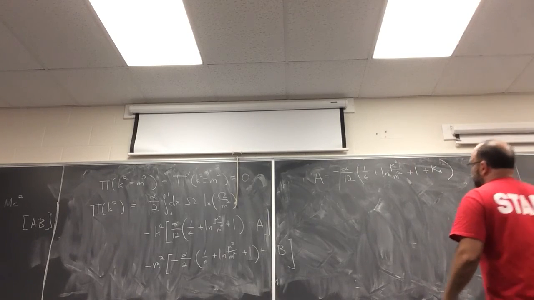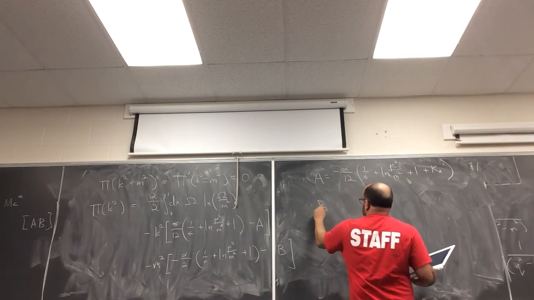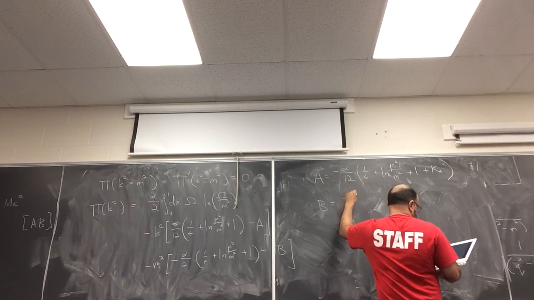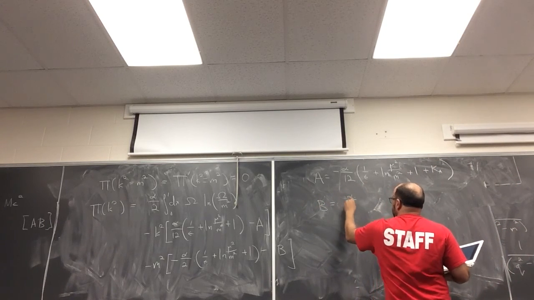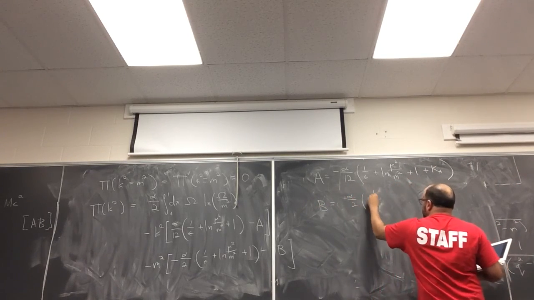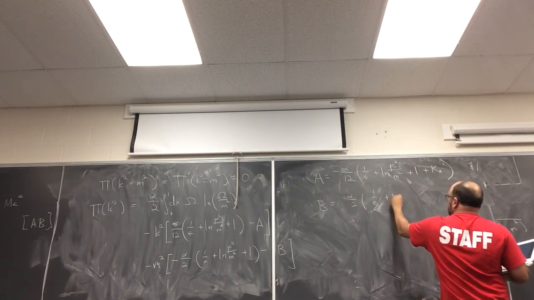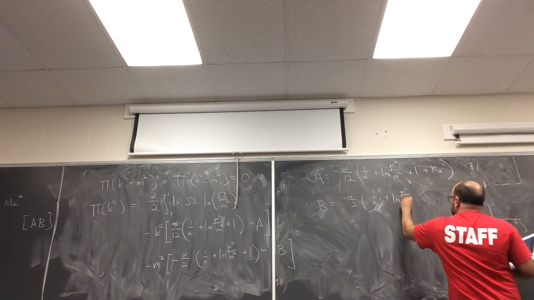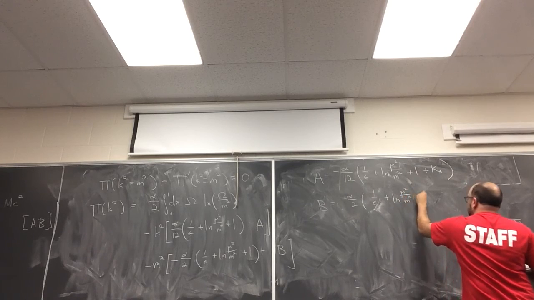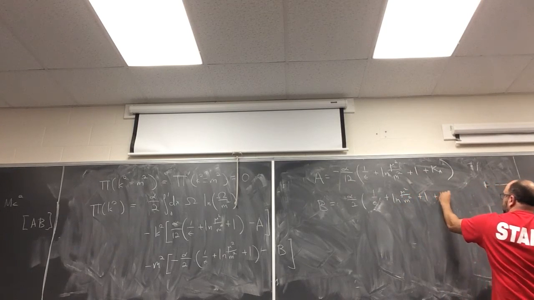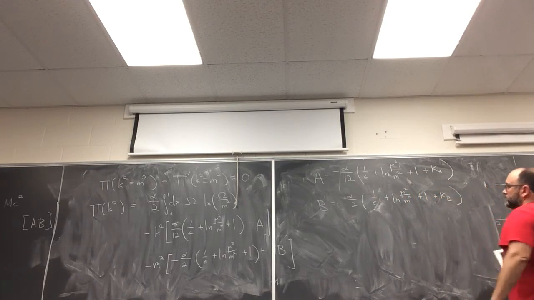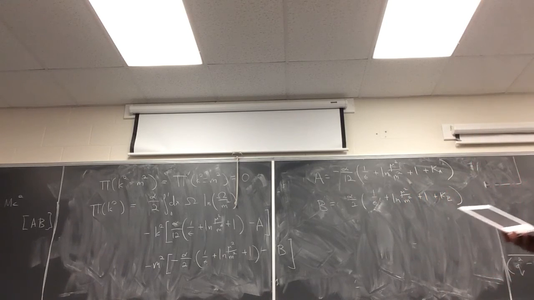I'm just choosing A and B such that they cancel off these guys. So this is plus alpha over 2, 1 over epsilon, plus natural log mu squared, m squared plus 1, and plus b. Okay, so these are numerical constants that we're going to determine.